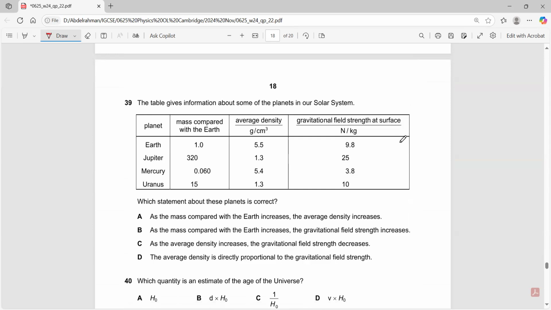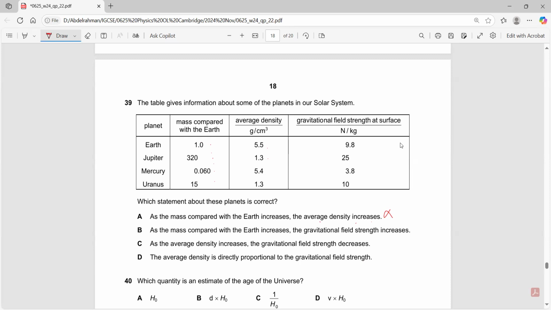Which statement about the planets is correct? We have the mass compared with the Earth, the average density, the gravitational field strength. As the mass compared with the Earth increases, the average density increases? As the mass increases, no, it does not. That's wrong. As the mass compared with the Earth increases, the gravitational field strength increases.